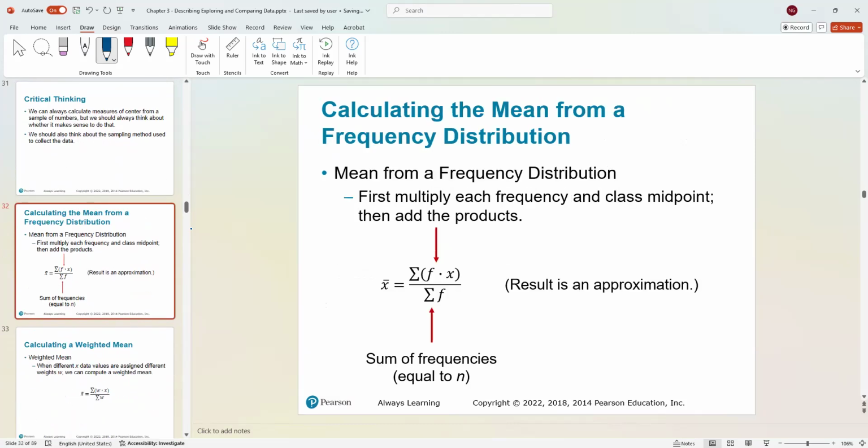In this chapter, we talked about the calculation of the mean from frequency distributions. Probably something I would let you enjoy, though I'll probably do one example anyway.